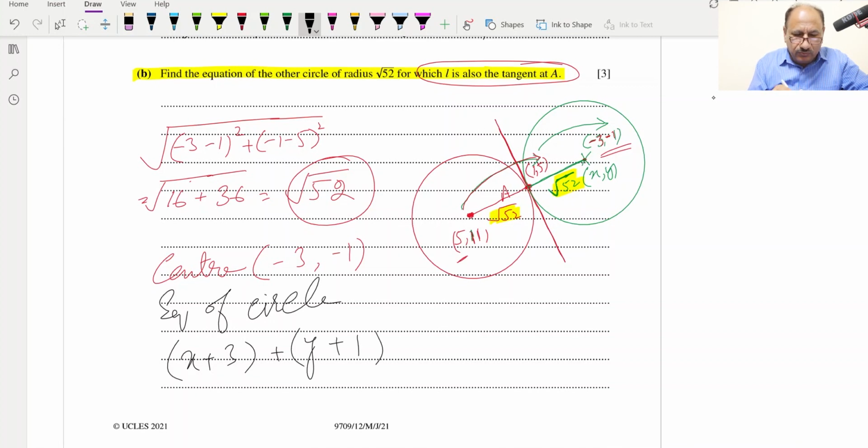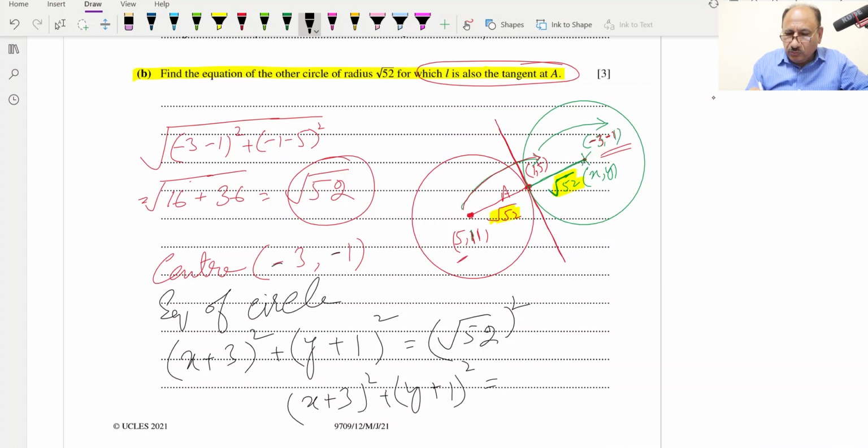Why are we taking plus 1? Because the minus is already there, so we have taken (x + 3) squared plus (y + 1) squared equal to r squared, which is under root 52 squared. So our final equation will be (x + 3) squared plus (y + 1) squared equal to 52. This will be the final equation.